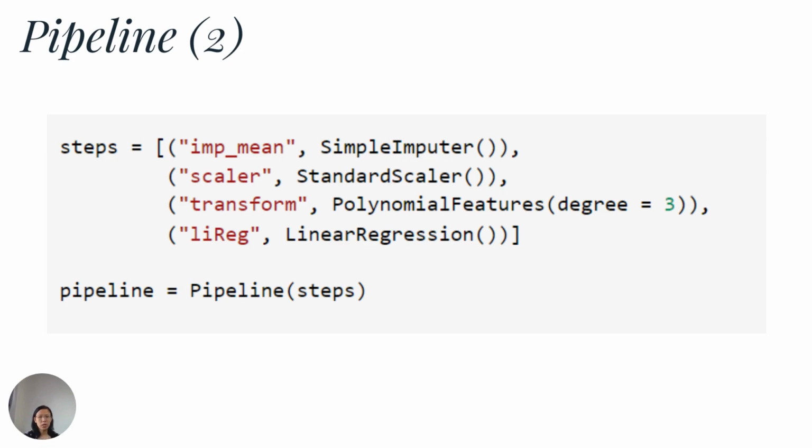We create a pipeline object by passing the steps that we have declared earlier. This will create a pipeline object for your polynomial regression, including the four steps: imputing the missing data, standardizing the features, transforming the data into a linear space, and performing the linear regression.